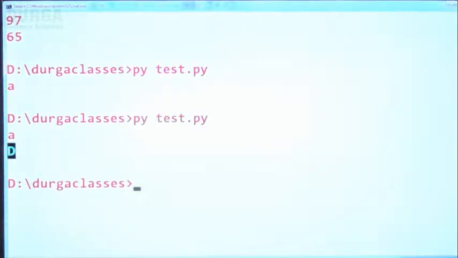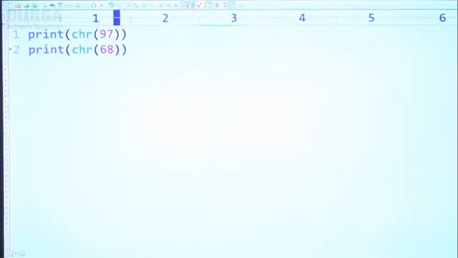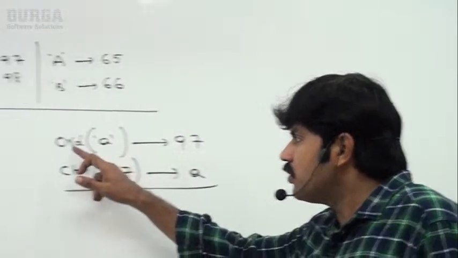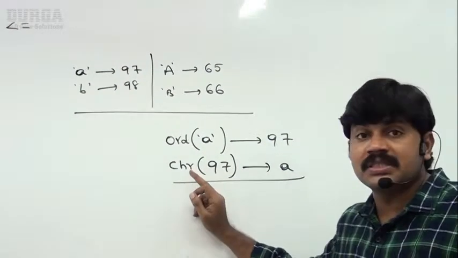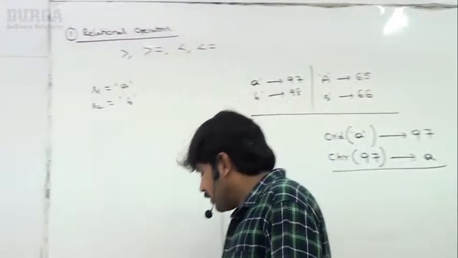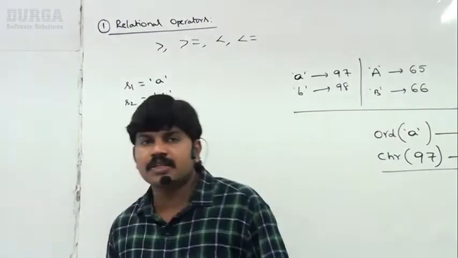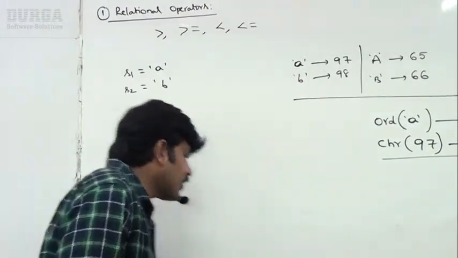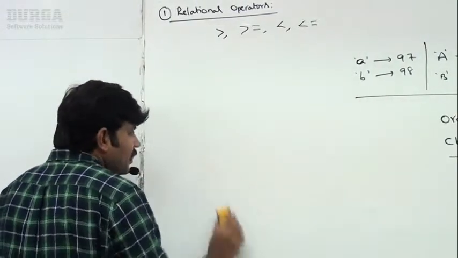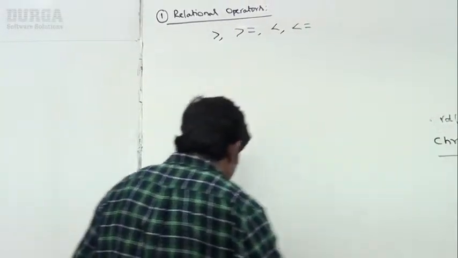Capital D is the corresponding character associated with 68. So you should be aware of how to use the ord function and how to use the chr function. Please make sure you are aware. Now let me go for a small example of how you can compare two string values by using these relational operators. Very easy.